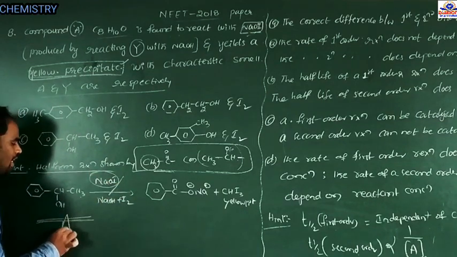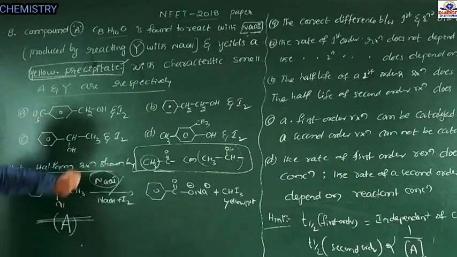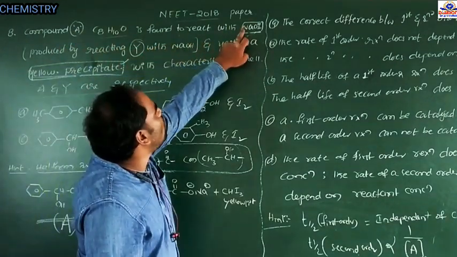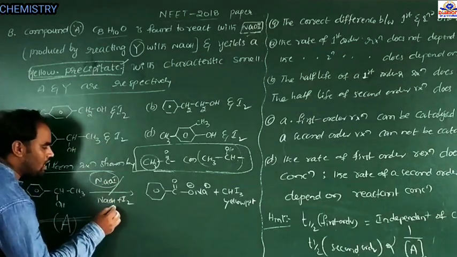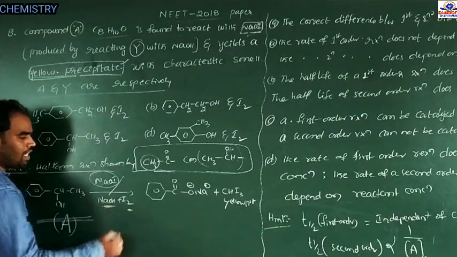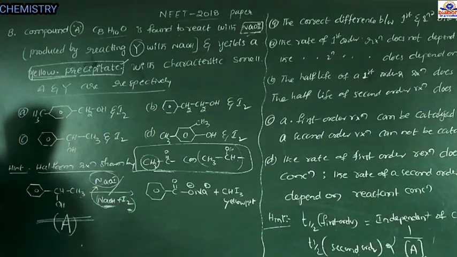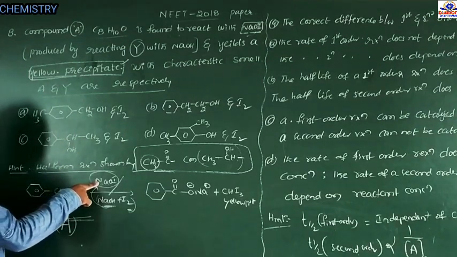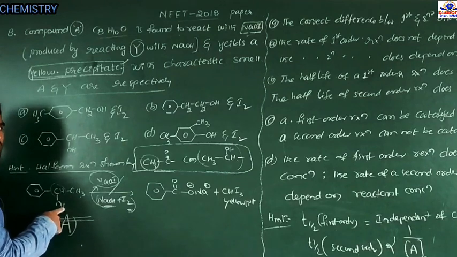So this is considered as A. A reacts with NaOI, sodium hypohalide. That NaOI is obtained from the reaction of NaOH plus I2. NaOH plus I2 gives what? NaOI.